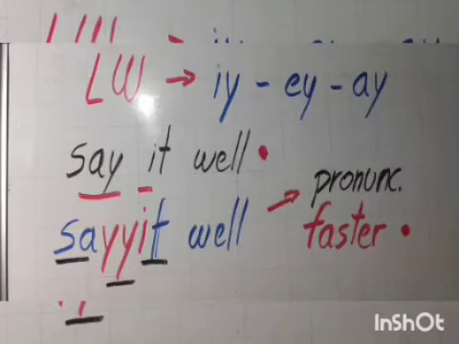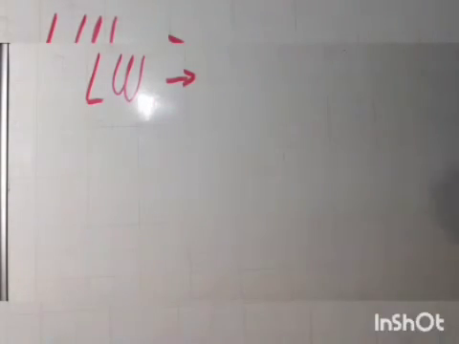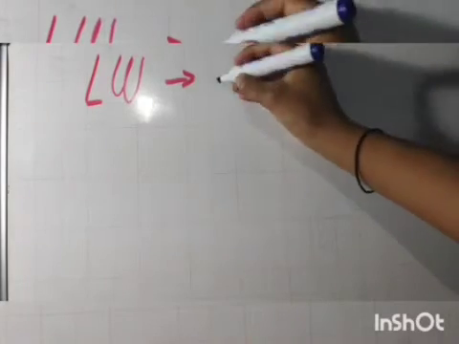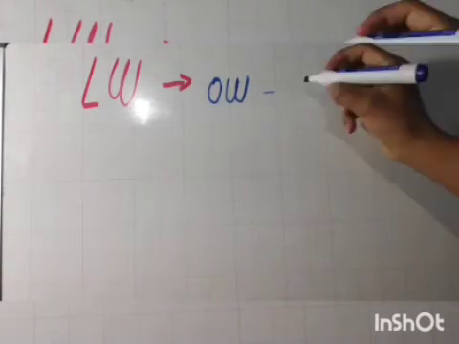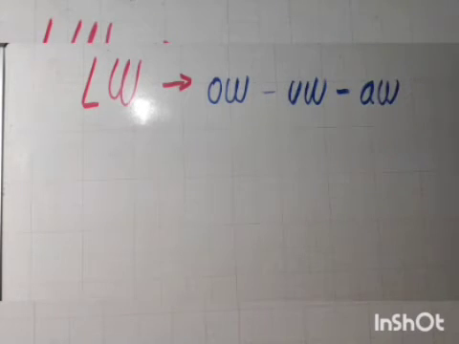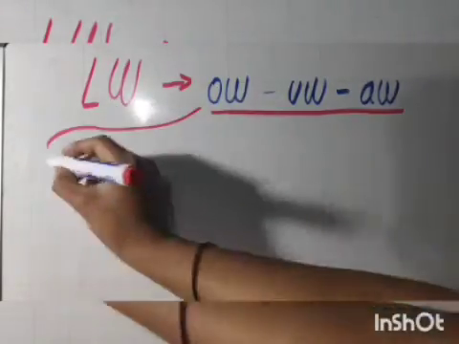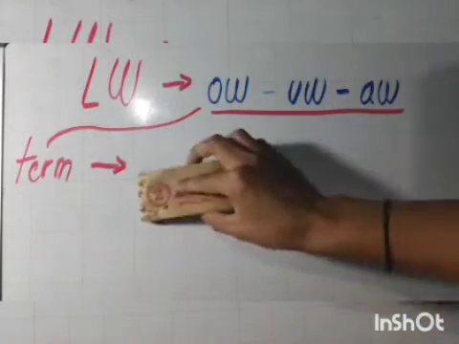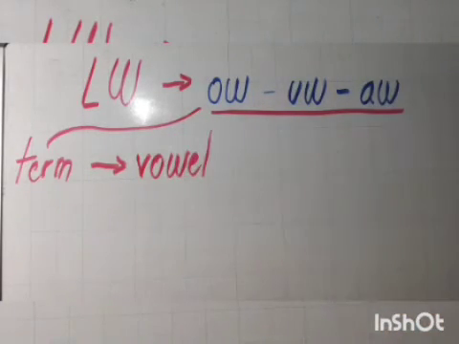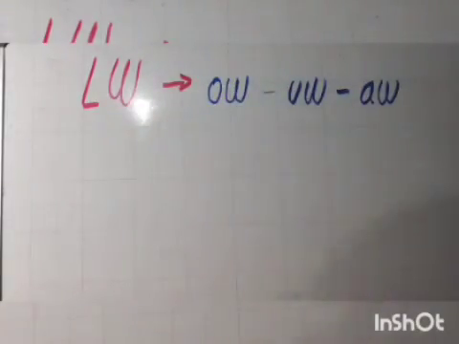So we have another interesting kind of linking. We have the terminations O, U, and L. In this case, we have to take into account the termination, and the next word begins with a vowel. We have the example "Red is now in fashion."